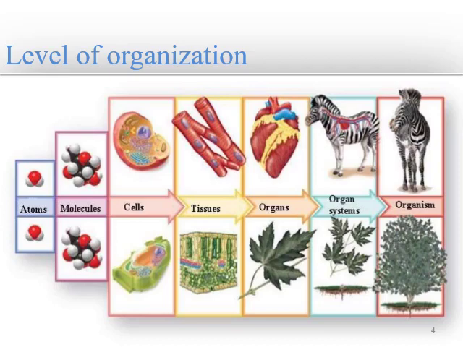After this, different cells that perform specific functions combine to form tissues, and then different tissues combine to form organs, and after this organs combine to form organ systems, and in the end we have a highly complex organization of the organism by the combination of different organ systems.